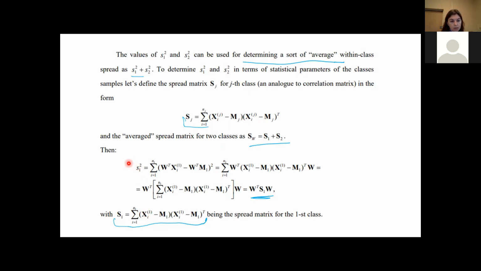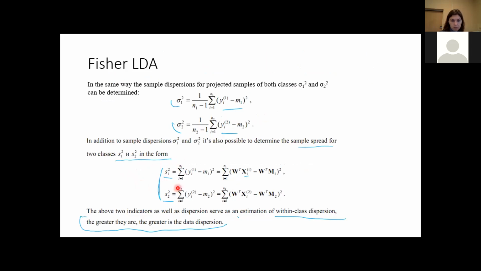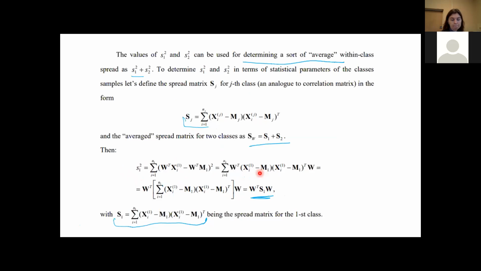And calculate the previously introduced equation. Yes. In this form. We also, one more time, introduce a new variable, the spread matrix for the first class, and the formula will be simpler for this case.